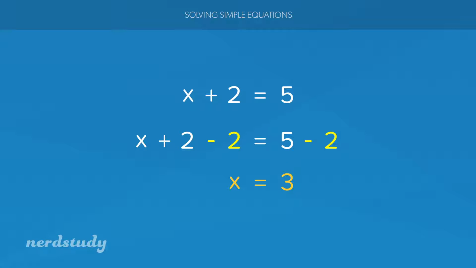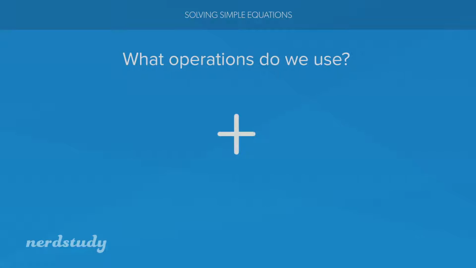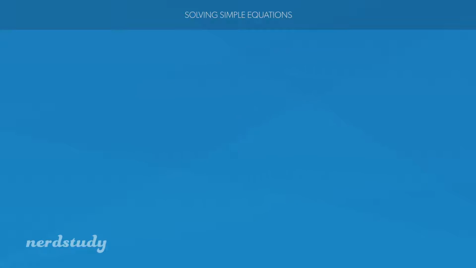So by now, we understand what an equation is and why we need to perform the same operations on both sides of the equation. Now all that's left is for us to know exactly what types of operations need to be performed in order for us to arrive upon the answer consistently.